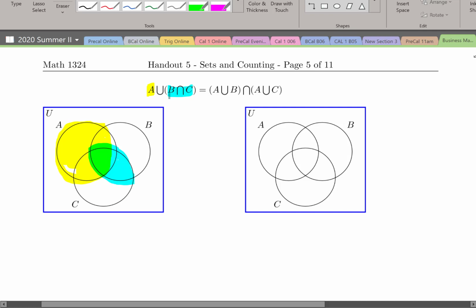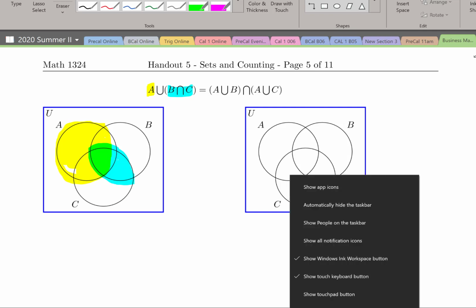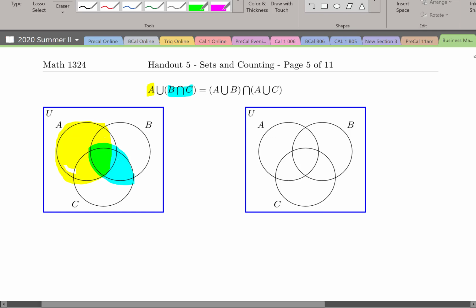And we're looking at the union between these two sets. Which is everything that has been highlighted. Okay. Over here, right, we're just redistributing everything A union B in yellow.